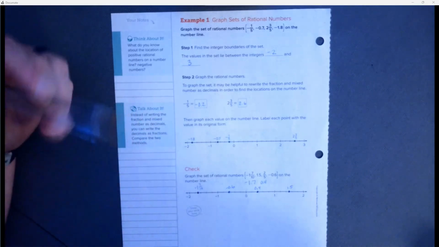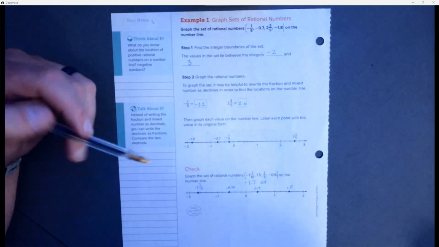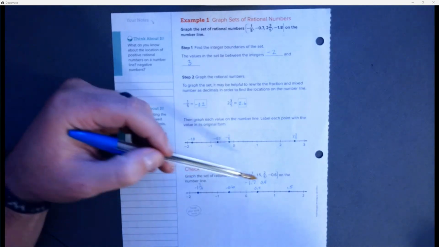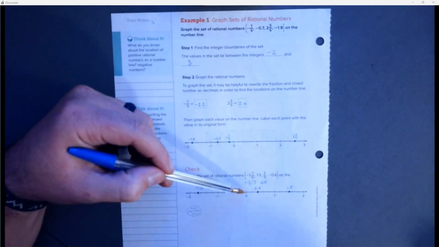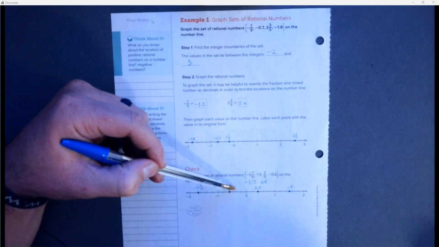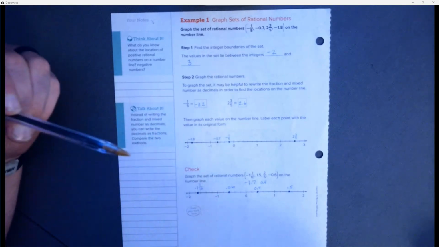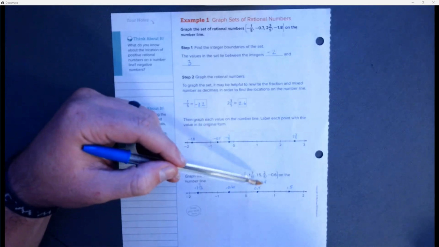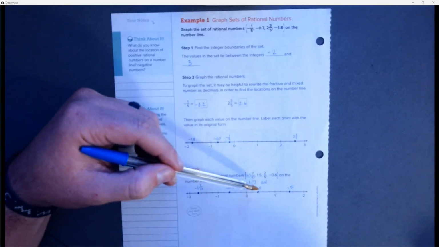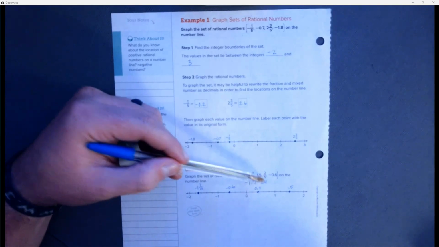So right there is where we're going to graph negative 1 7/10. Then we have negative 0.6. So negative 0.2, negative 0.4, negative 0.6. Our next number is 0.4, which is 2/5.